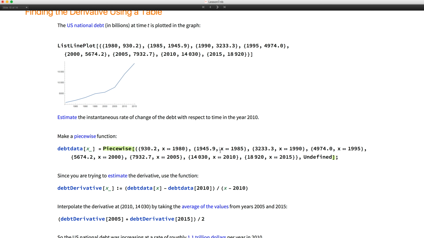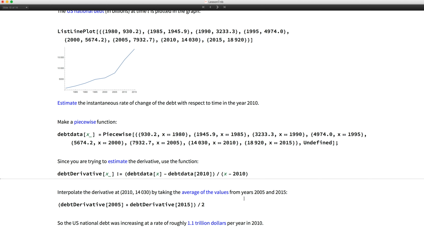So the first step, what you do is you make a piecewise function from it, because that lets you build the function starting from the data. Now you want to find the derivative, so you set up the quotient like you did early on. You want to find it at 2010, so that's where that comes from. And then you can kind of interpolate.